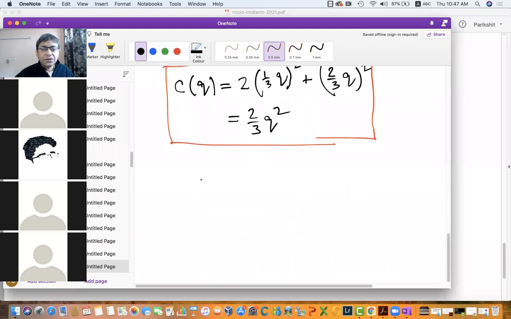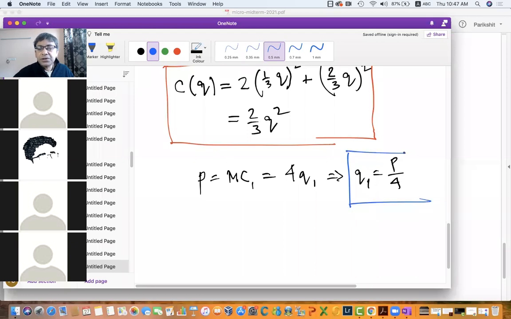That's how competitive firms behave. So P equal to MC1 gives us, what is MC1? 4 times Q1, isn't it? This means Q1 equals P by 4. So this is the supply function of firm 1. Similarly, for firm 2, they'll set market price equal to their own marginal cost, which is MC2, which is simply 2Q2.